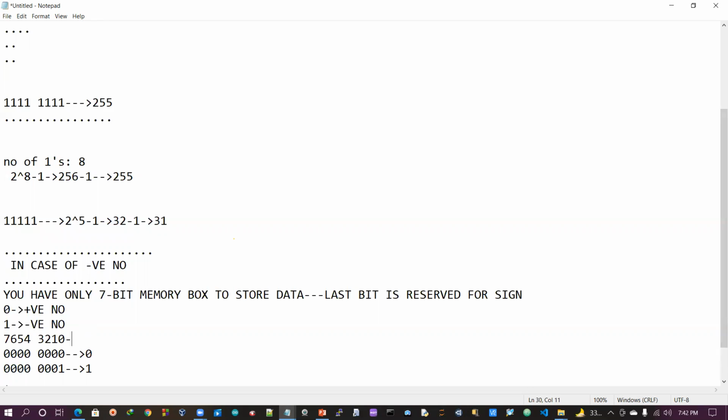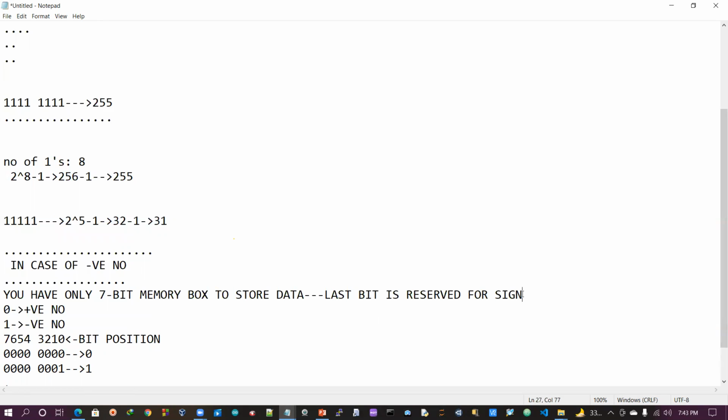So this is the bit position. Always remember such things. Don't start from 1, it is the 0th bit. Now the 7th bit position is reserved.